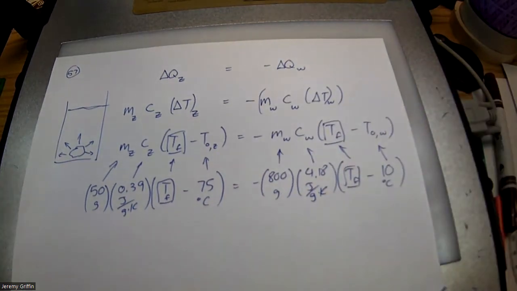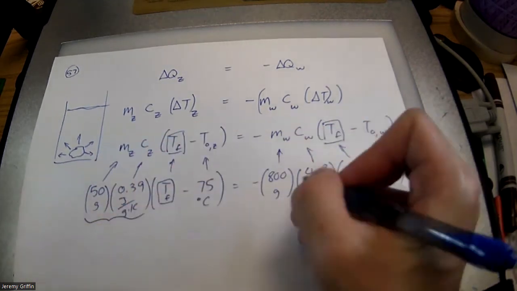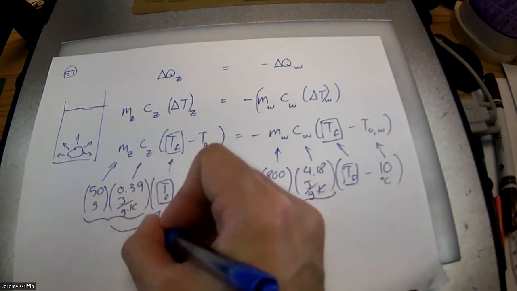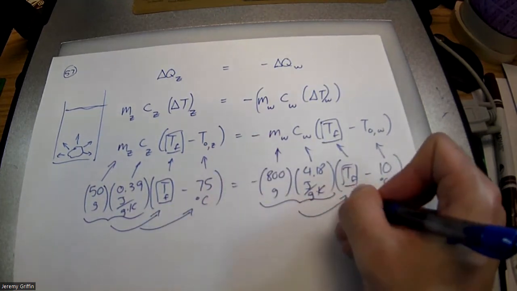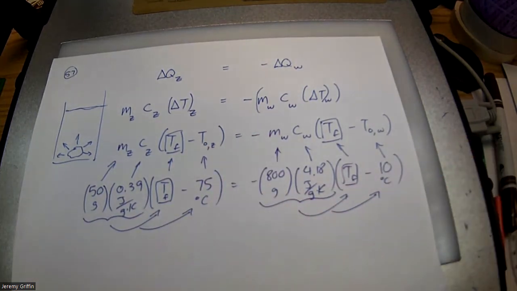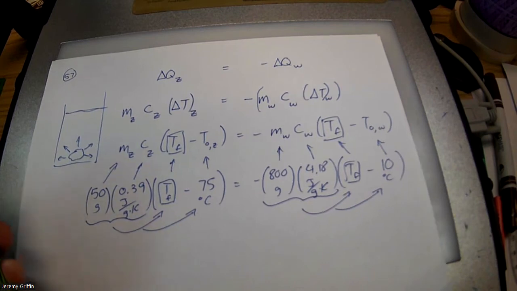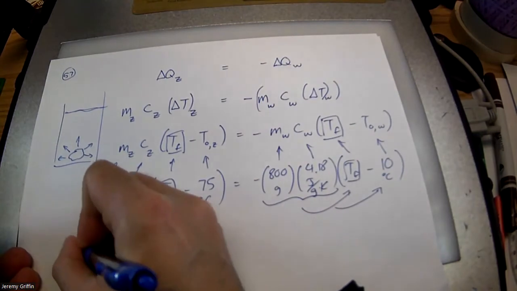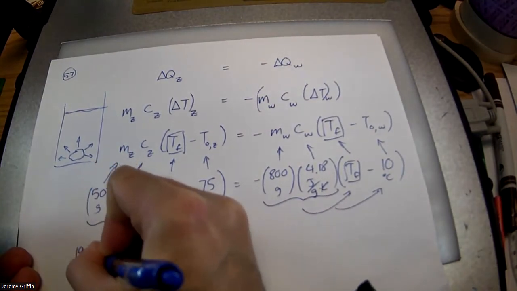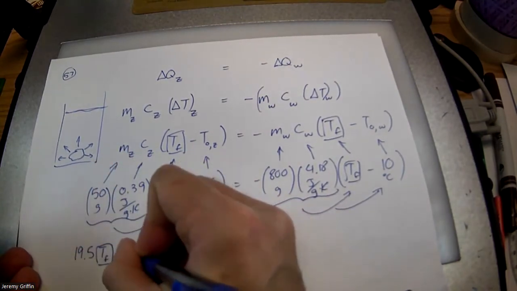Okay, let me try the distribution method again, just like I did for a recent problem. Distribute. Okay, see what this is going to look like. It is 50 times 0.39, times TF, so 19.5 TF. I'm going to drop my units just for this line.